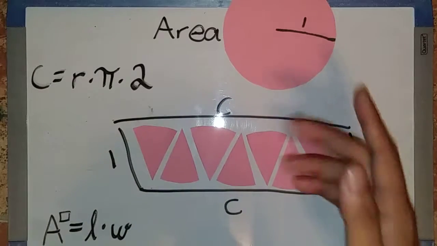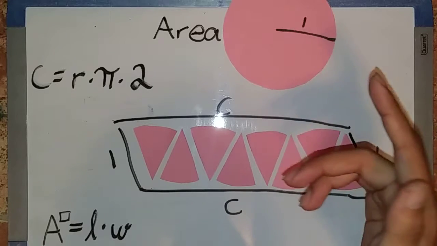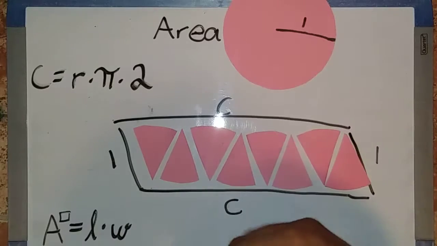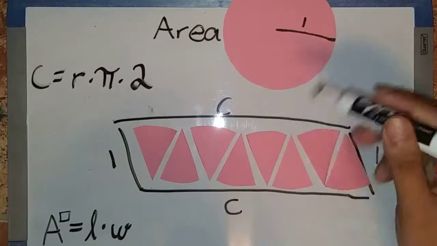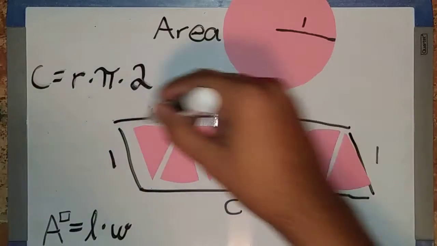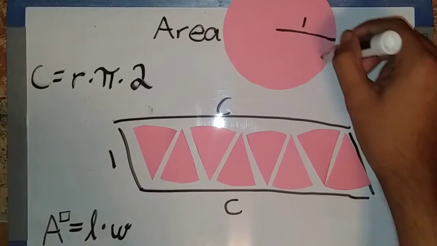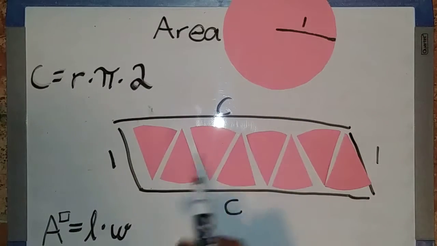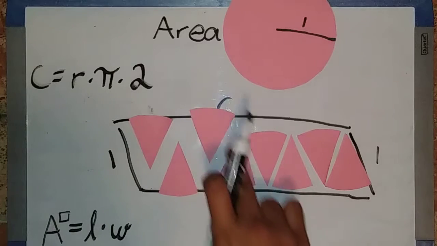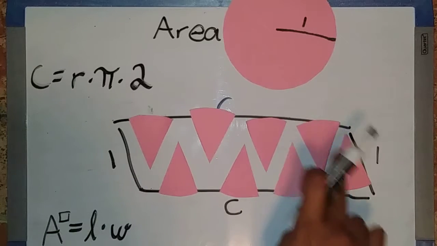However, students need to realize that it is not really the circumference of a circle that is here. Instead, it is half of it, because this side is only half of the bases of the triangles that have been cut out. You see, 1, 1, 1, 1, 1, 1, 1, 1, and so on.